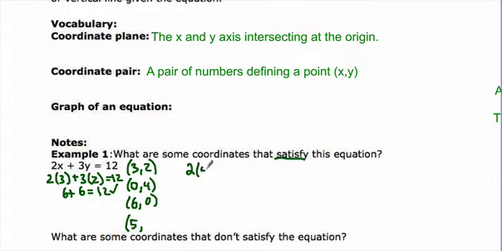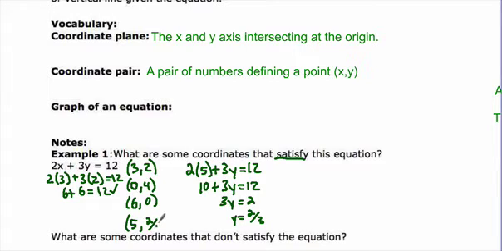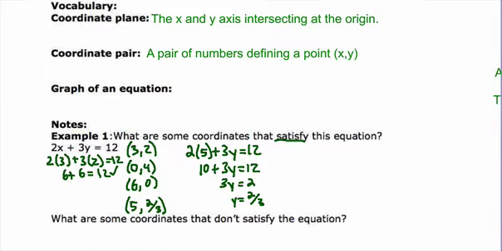Well, I can actually plug 5 in, and using my skills of solving equations, I could find out what y needs to be when x is 5. So 2 times 5 is 10, plus 3y equals 12. I'm going to subtract 10 from both sides, and I get 3y equals 2. And then I'm going to divide, and y equals 2/3. Well, there we go. It's a fraction. So another point that would satisfy the equation is (5, 2/3).